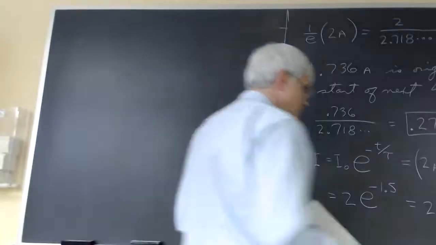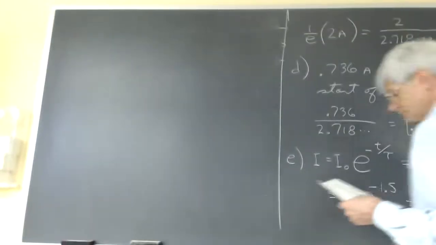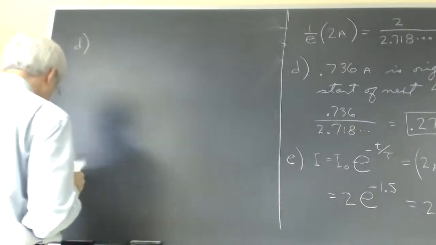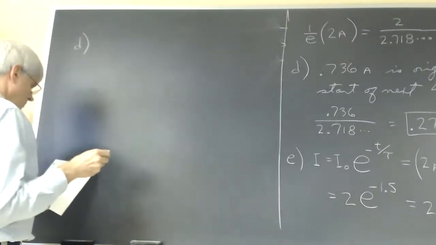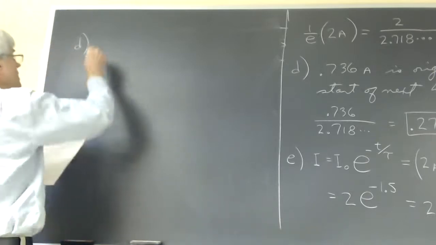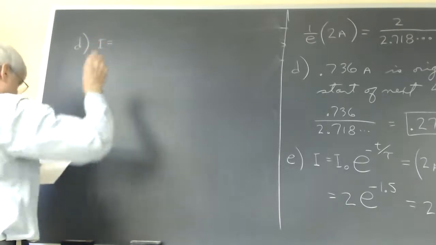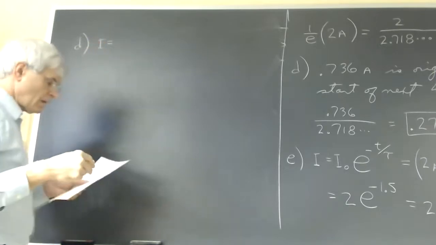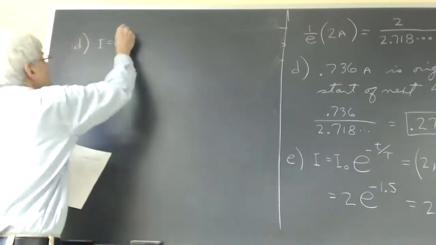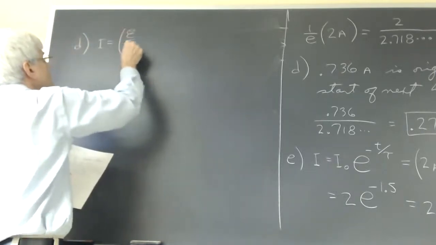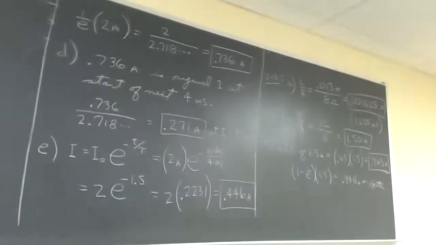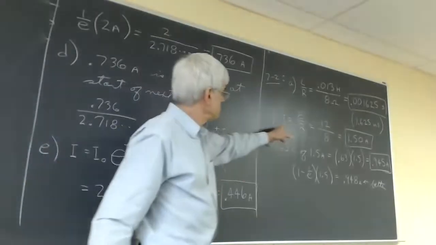Part D. To find the current at any time t, it would be I equals the final current that you're building up toward. Well, I already calculated that back over here.